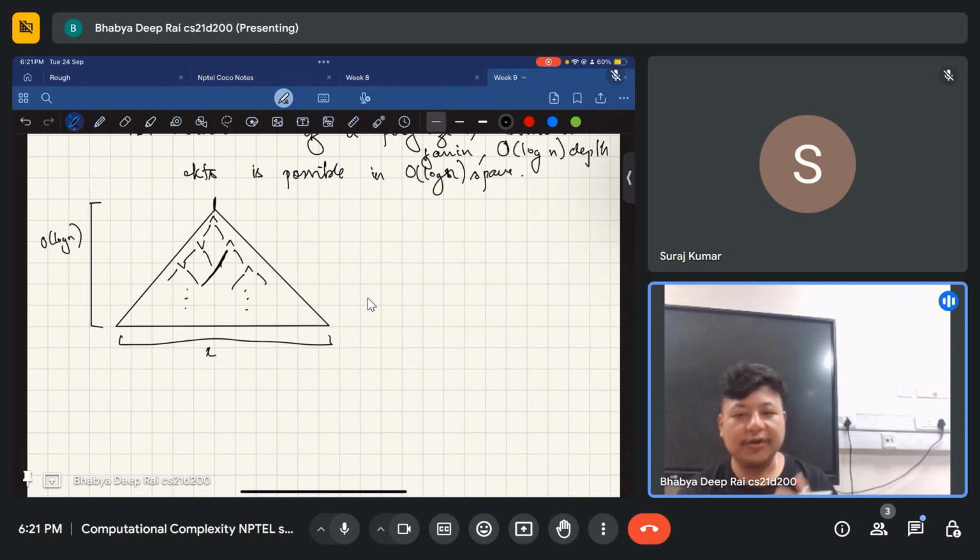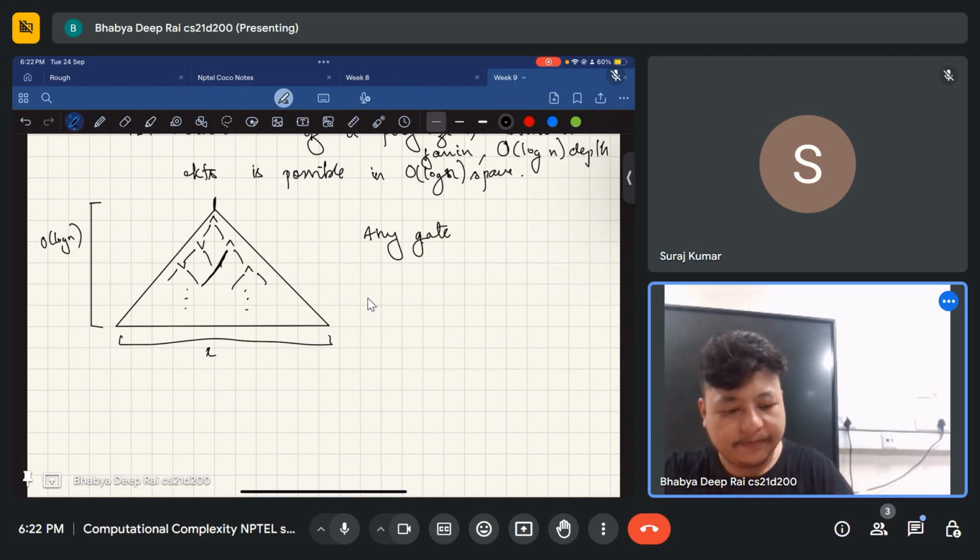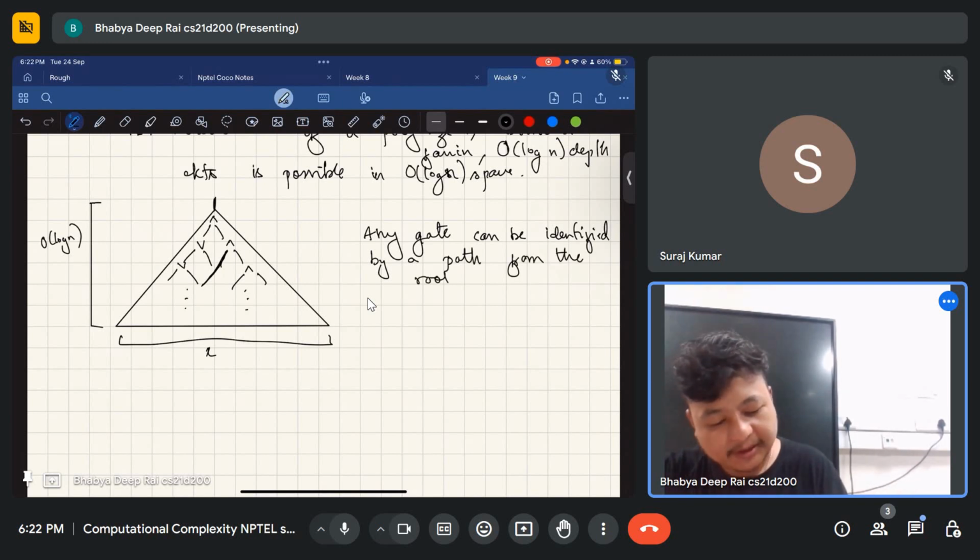Now what you do is you recursively go down the circuit and try to evaluate it. Well, how do you evaluate it? Any gate can be identified by a path from the root.